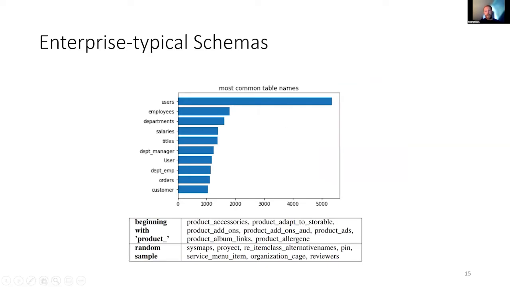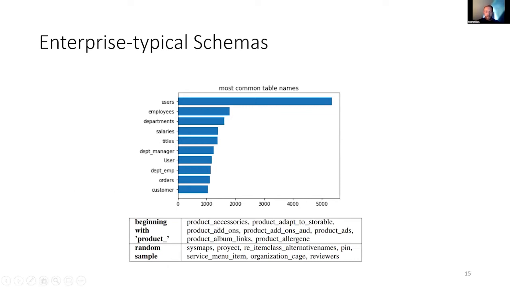When we look at the data set, we see the most common table names are users, employees, departments. So quite the kind of tables we would expect to be common for enterprises.